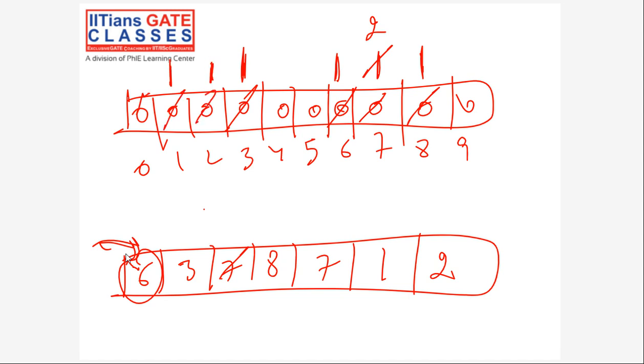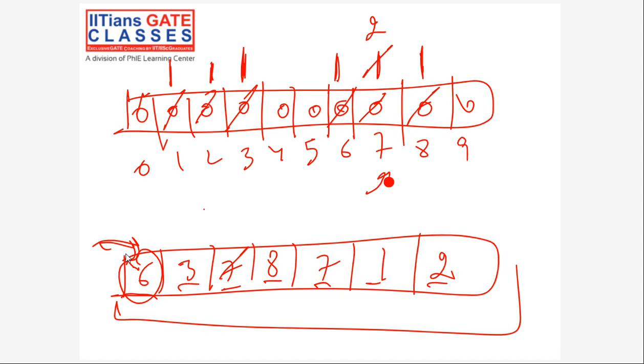So basically, in one scan of the input, I'm keeping a count of all the values. How many 7s are there? You go to the 7th index and it will tell you, 2 7s are there.